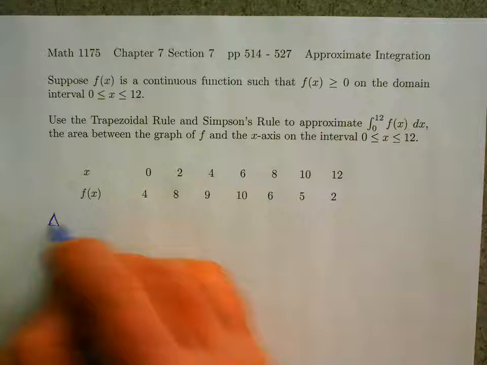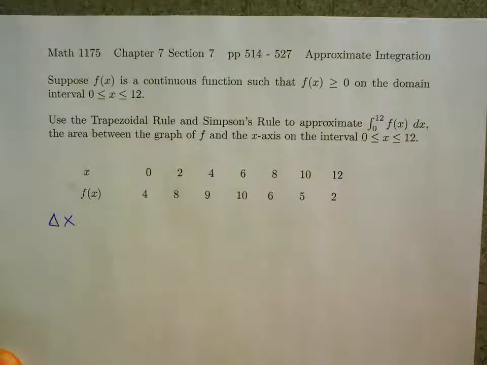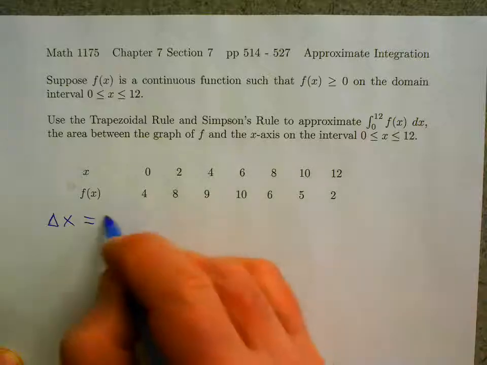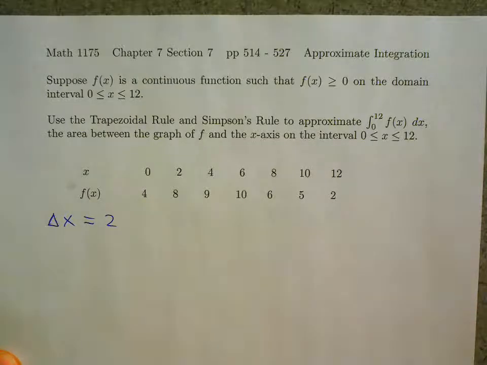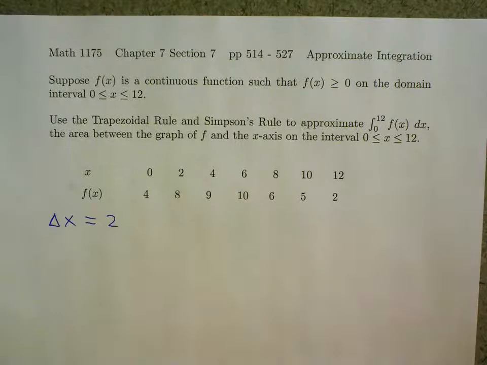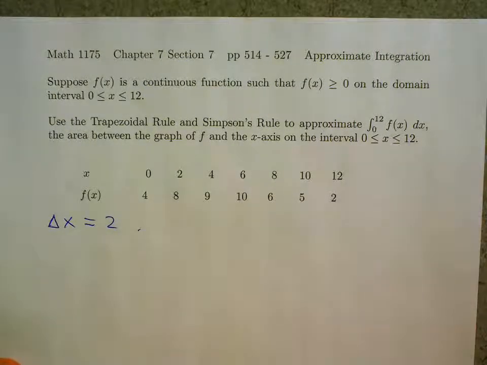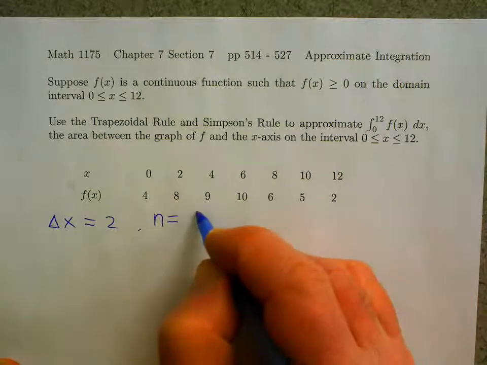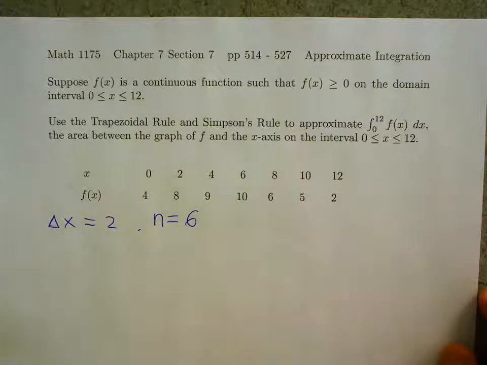So for both the trapezoidal rule and Simpson's rule, delta x is 2. That's the length of each subinterval. And since there are 6 subintervals, n is 6.